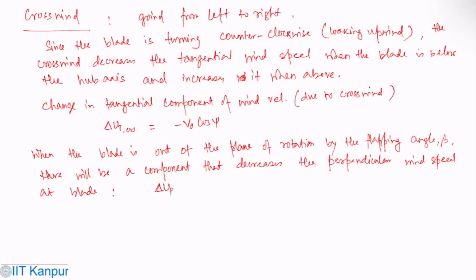Delta u_p due to crosswind effect is minus V naught sine beta.